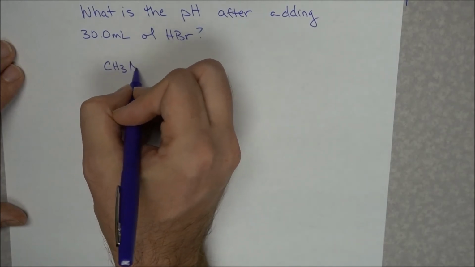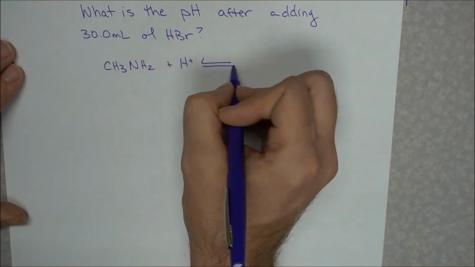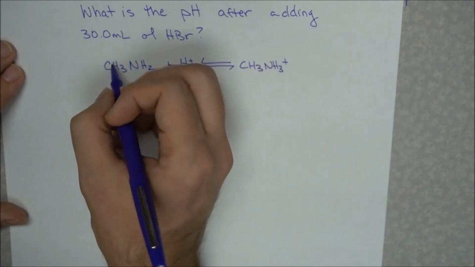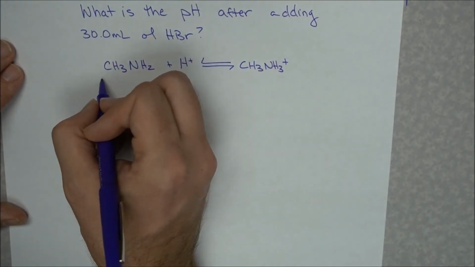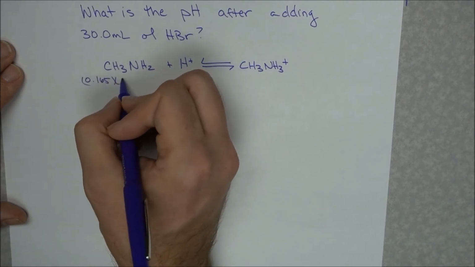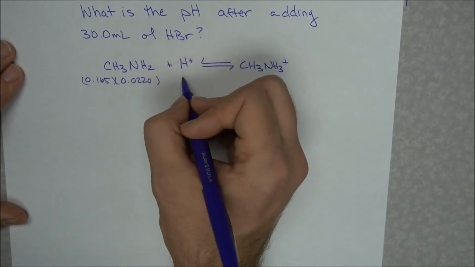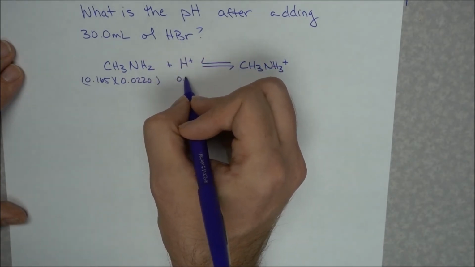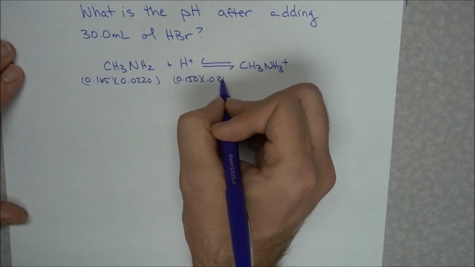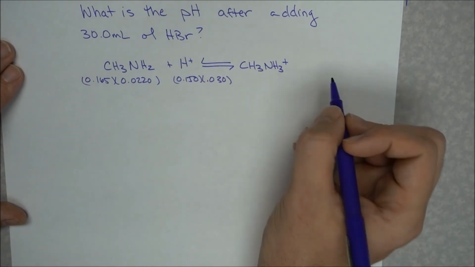So here is our regular equation. The amount that I started with in terms of moles was 0.165, and I started with 0.220 liters of this stuff, and I end up adding a 0.150 molar solution of H+, and I add 30 milliliters of it. Okay, I don't really care about this stuff right now.